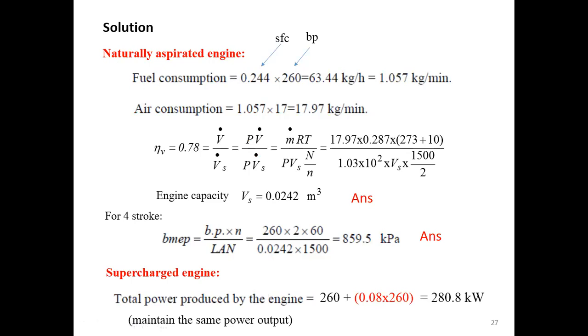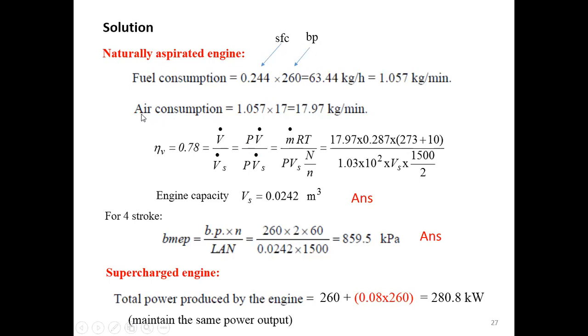So we first calculate the fuel consumption in order to determine the amount of air consumption. The fuel consumption can be determined from the specific fuel consumption times the brake power.